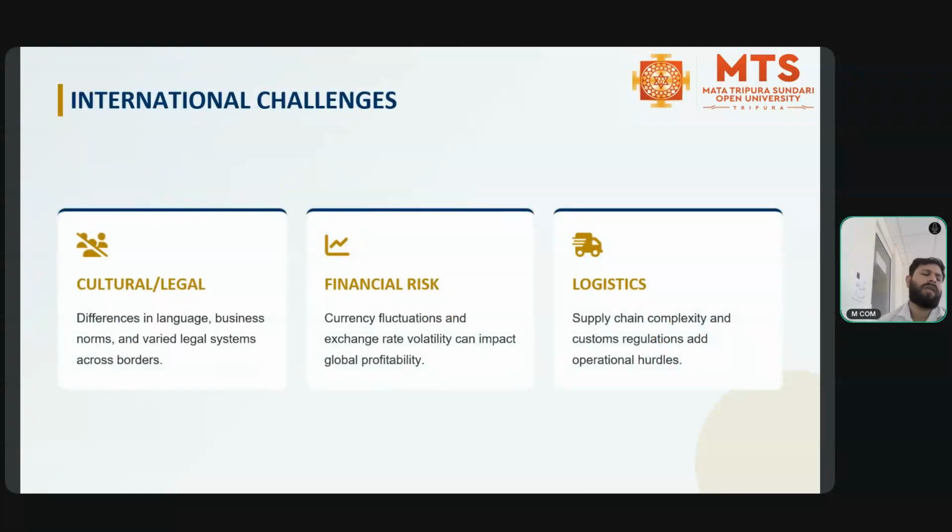International challenges. What are the international challenges? Like culture and legal. First of all, we should see the cultural and legal challenges. What cultural challenges should we face? If we take the example of Dubai, there are strict norms. You have to abide by all the norms of their country.